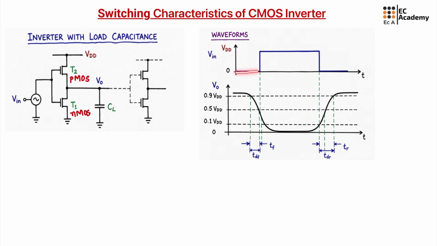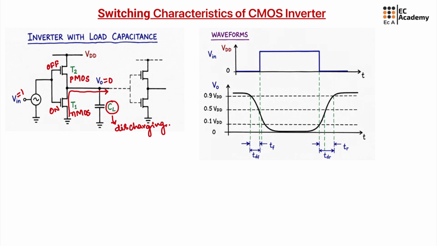Now suppose the input voltage changes from low to high, the PMOS will turn off and NMOS will turn on. In that case, the output will be equal to 0 since output is connected to ground through NMOS. Since output voltage is 0, the load capacitor starts discharging.